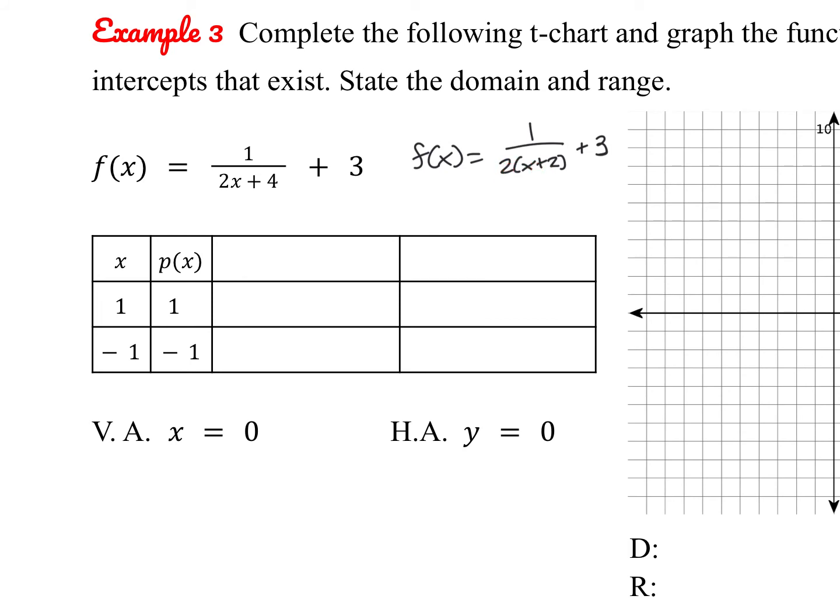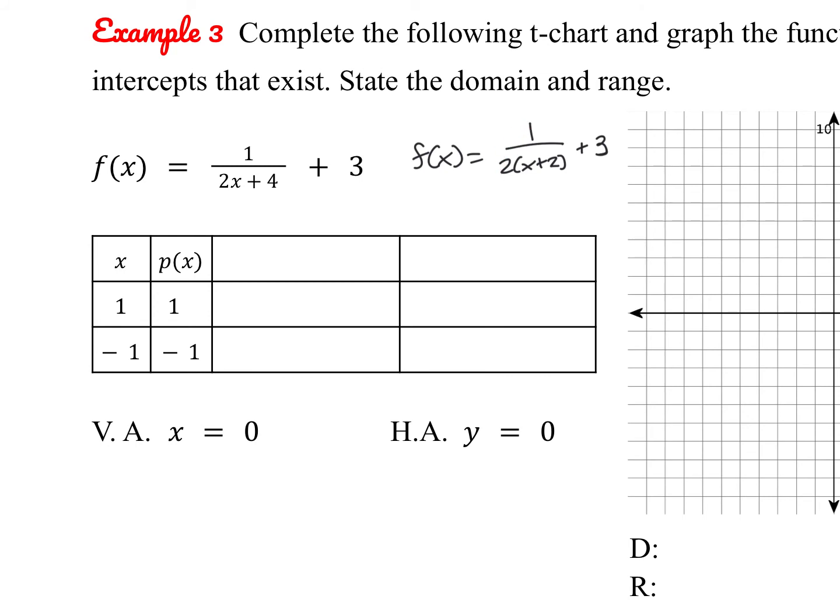Now this 2 up front, we could treat it like a horizontal shrink by a factor of 1/2. We could keep it horizontal, or we could treat it as part of that a value. We could just pull out the 2, imagine this is 1/2. So this is a vertical shrink by a factor of 1/2.